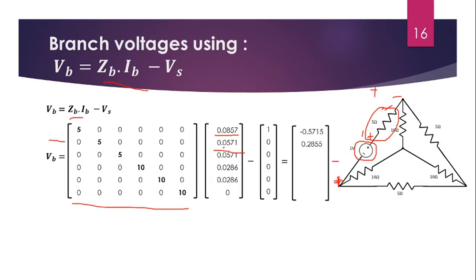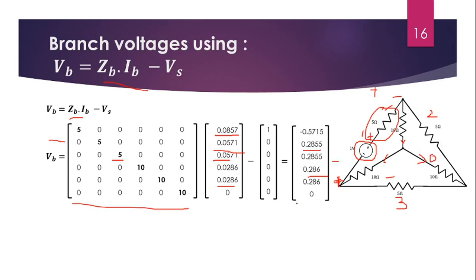Second, 5 into 0.057 we are getting this value, that means this voltage drop is 5 into the current flowing through this second branch, then 5 into the third branch current, so we are getting the third branch voltage, 10 into the current flowing through this, that is 0.286, so we are getting this value of voltage 0.286. Then fifth branch, 10 ohm resistance into current, the current is 0.0286, so we are getting 0.286. And in branch 6 there is 0 current flowing, 0 ampere, so that's why the branch voltage is also 0.